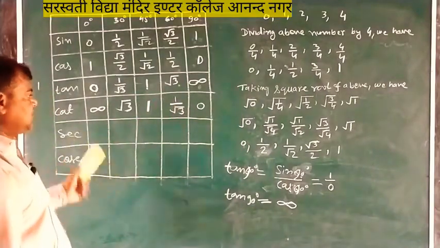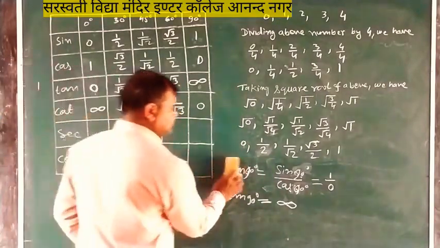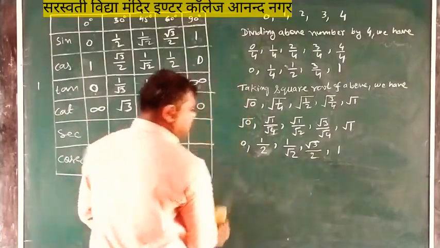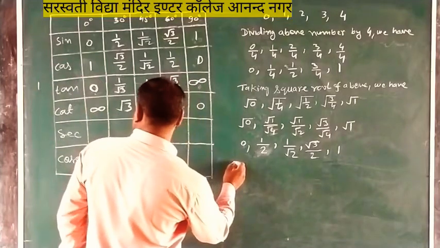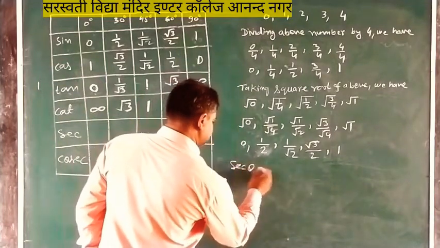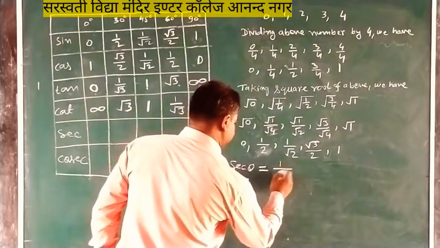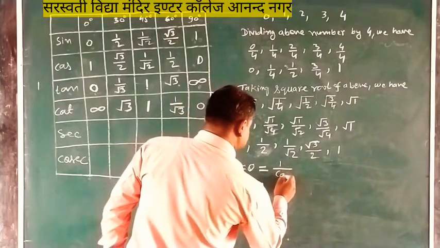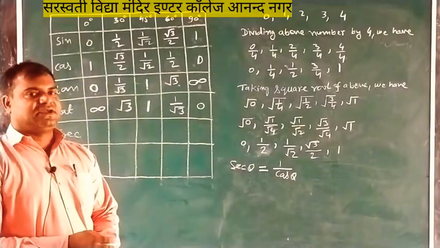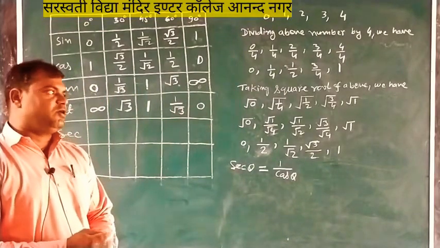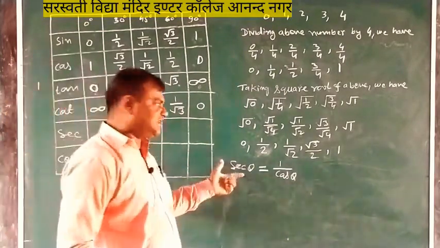And sec, for sec, see here, sec theta is equal to 1 by cos theta. We have also discussed this in the reciprocal relations.